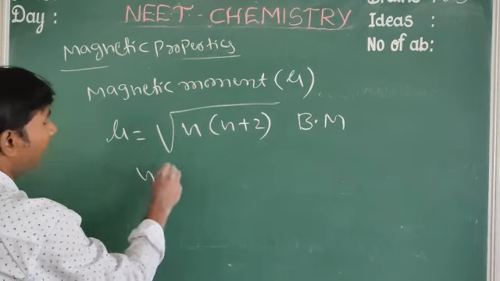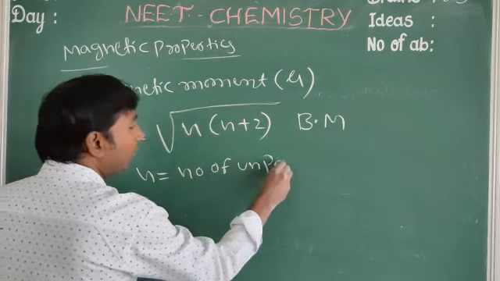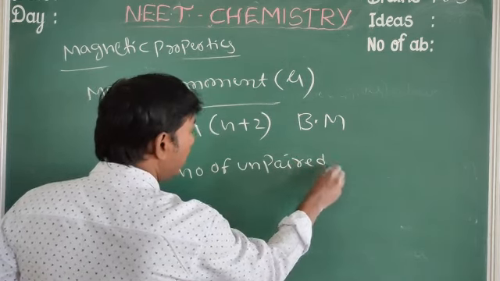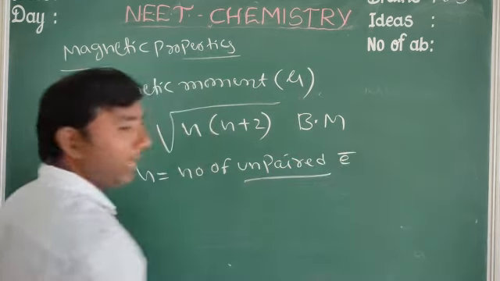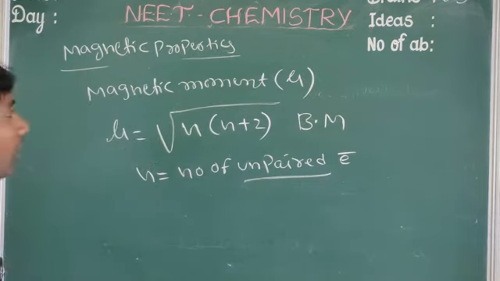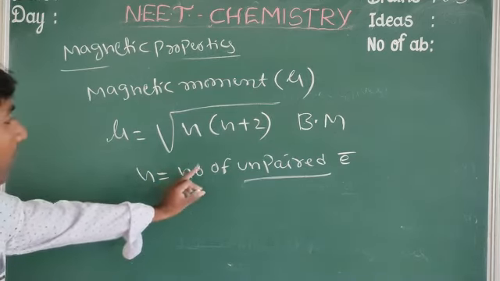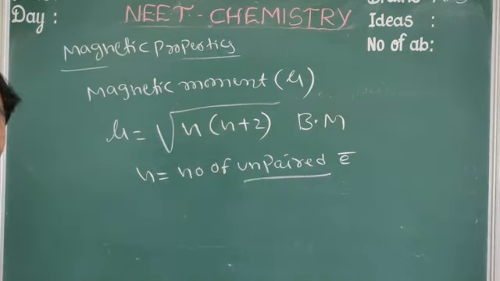Here n equals the number of unpaired electrons, that is, single electrons present in the orbitals of the d subshell. By using this formula, we calculate magnetic moment values.